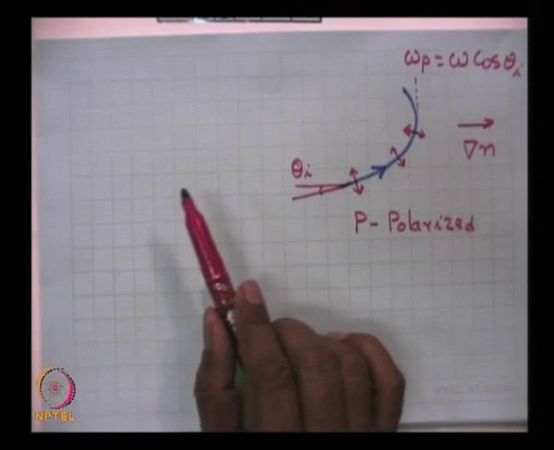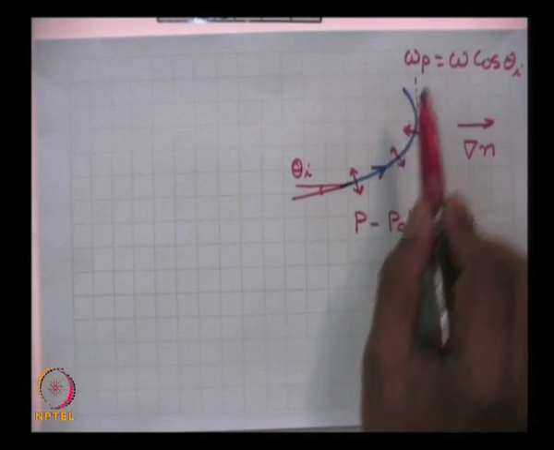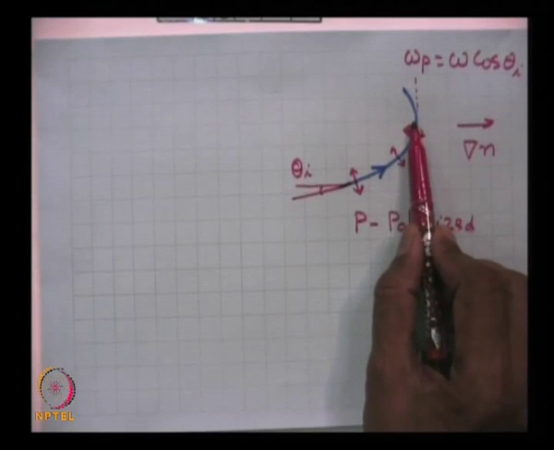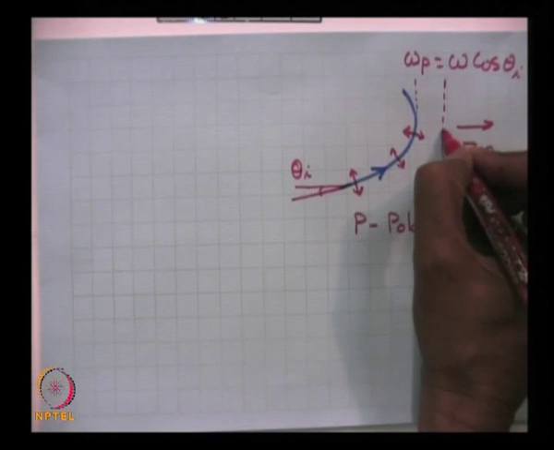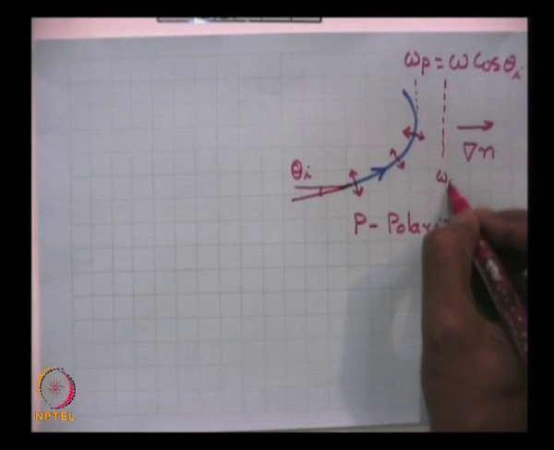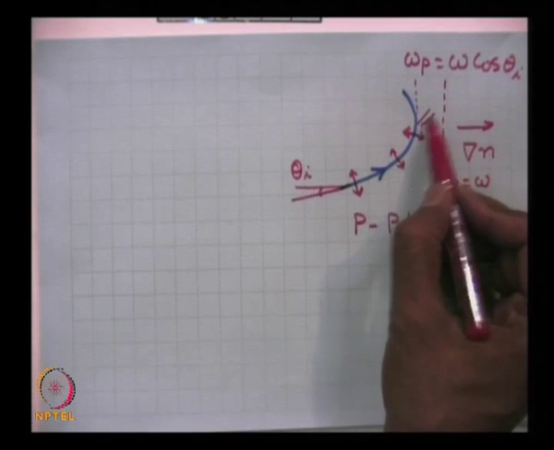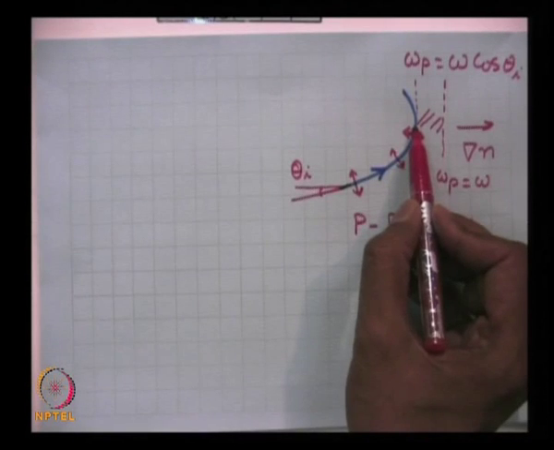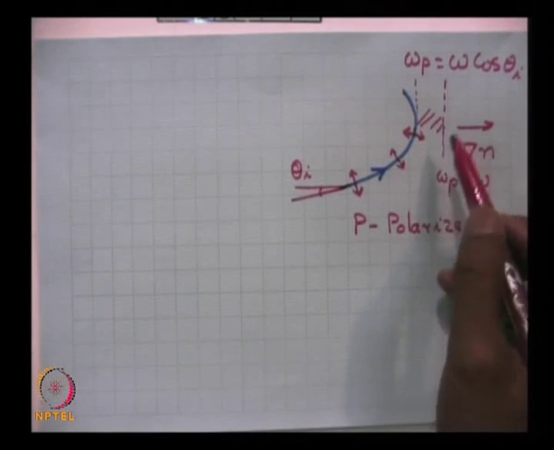We have learned that a plasma has a natural frequency of oscillation equal to omega p. So, if this wave can tunnel from here to a region, somewhere here there will be a region called omega p equal to omega, the critical layer. So, if the gap between these two layers is not large, then this wave can penetrate from here to here and can resonantly excite a plasma wave there.